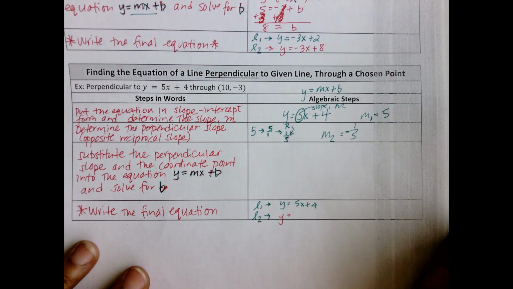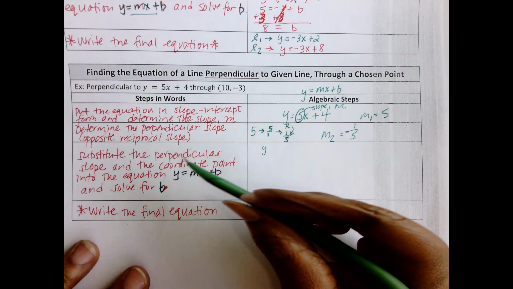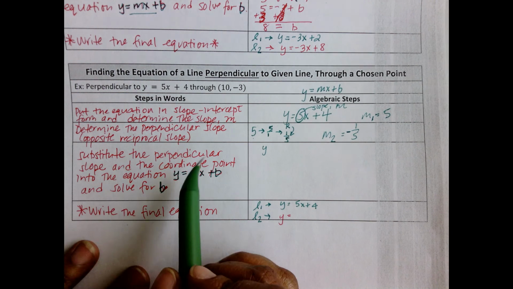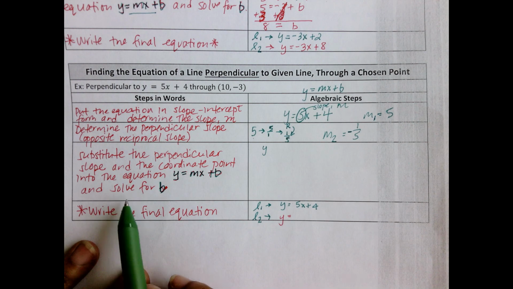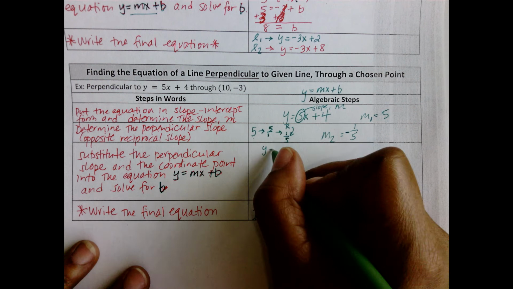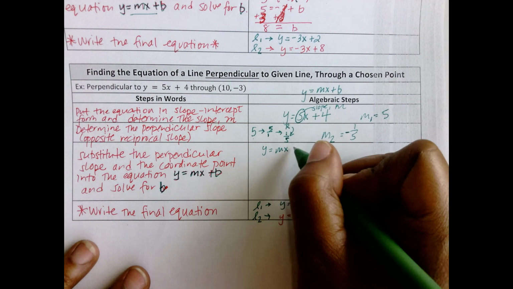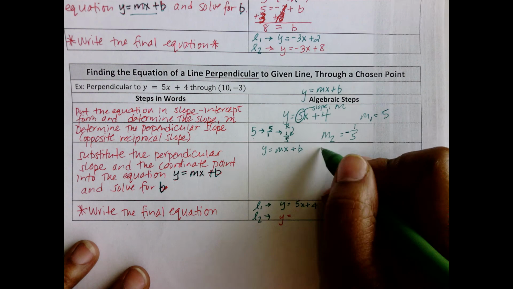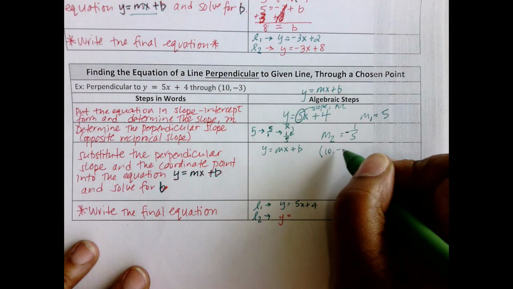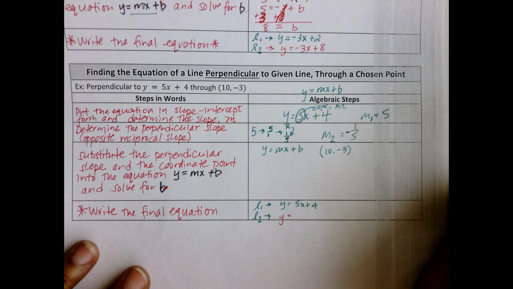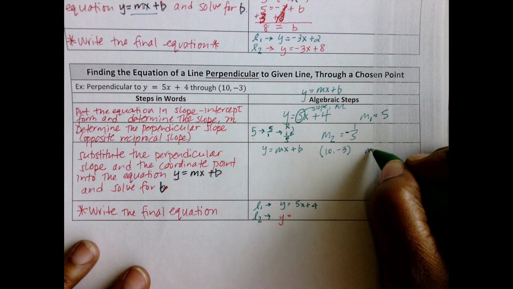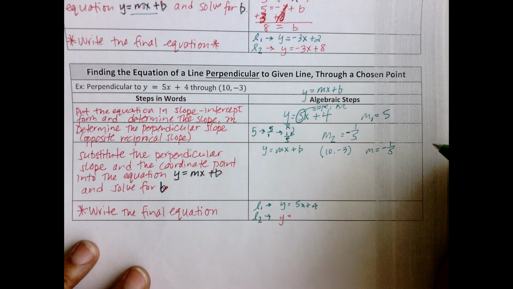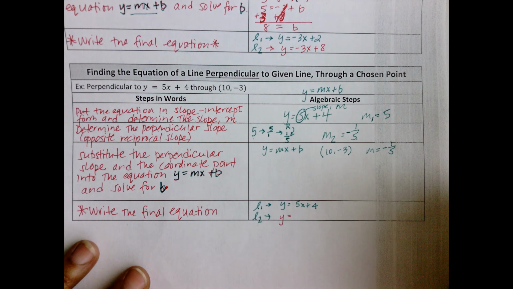Much like what we did before, our next step is to substitute the perpendicular slope and the coordinate points into the equation and solve for b. So we have y equals mx plus b, and our coordinates are 10, negative 3. The slope that we're plugging in is negative 1 over 5. Let's start the process.